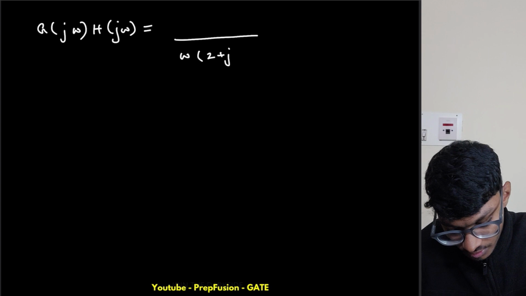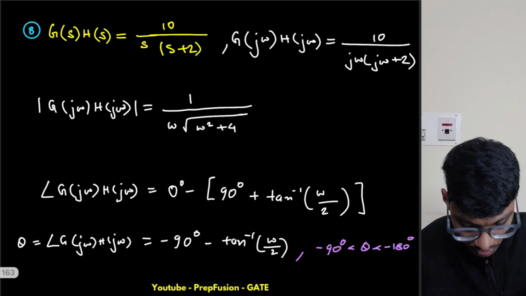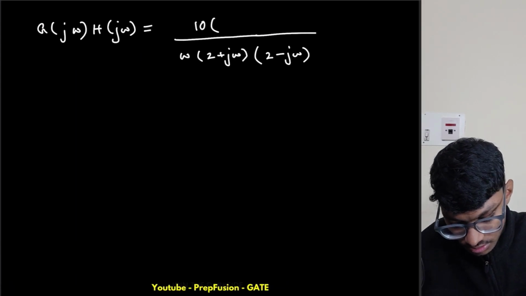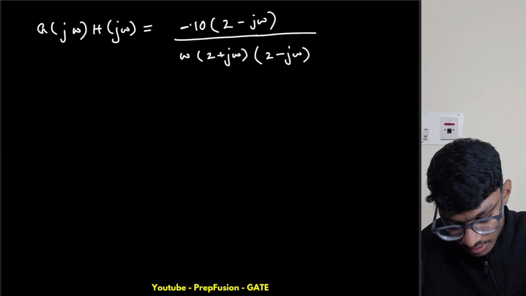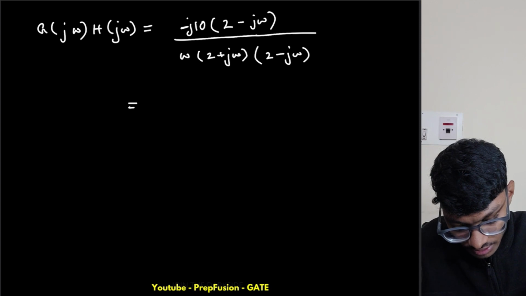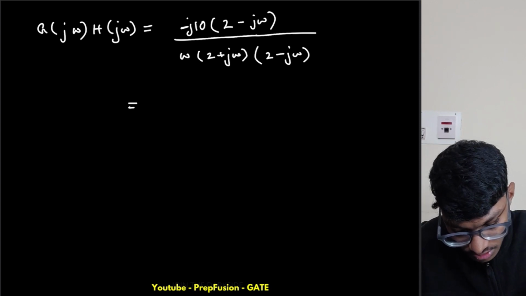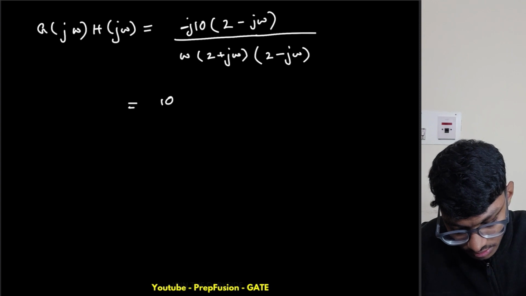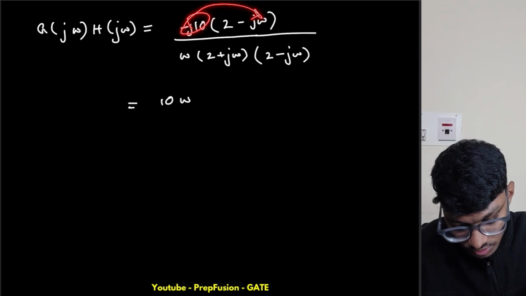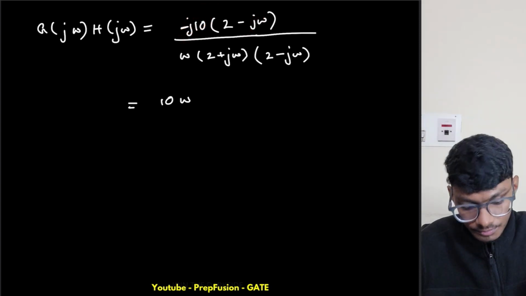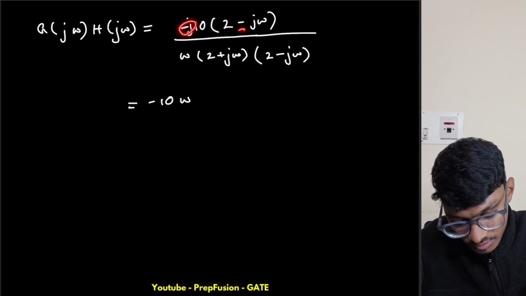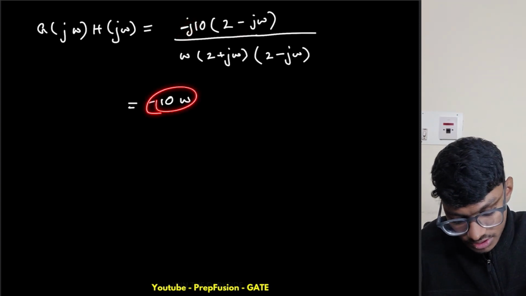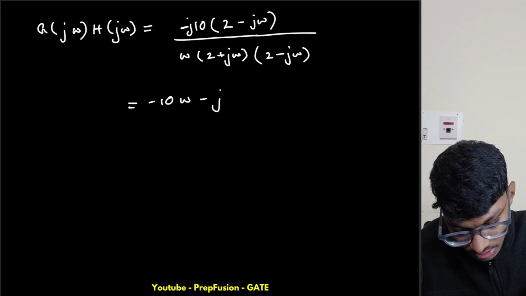I should write it as 2 plus j omega into 2 minus j omega, and this is 10 into 2 minus j omega. Also I have minus j at the numerator, don't forget that one. Multiplying this inside, minus j into minus j becomes j square, so this becomes minus 10 omega, and this is minus j 20.